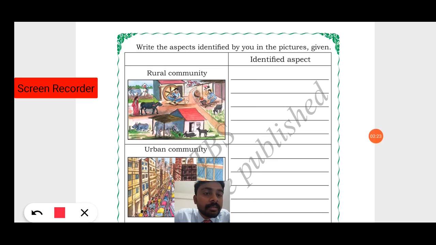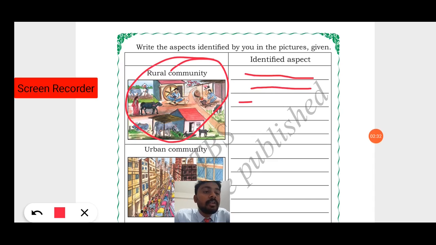You can see the several agriculture processes in these pictures. You write human beings, agriculture processes, goat, buffalo. And also a wheel is there. So you write in your textbook, page number 33.